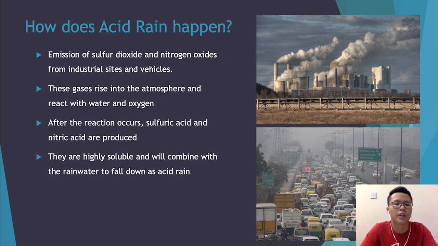After the reaction occurs, two different kinds of acids are produced, which are sulfuric acid and nitric acid. These two acids are highly soluble in water, and they will combine with the rainwater to fall down as acid rain. So that is how acid rain occurs.